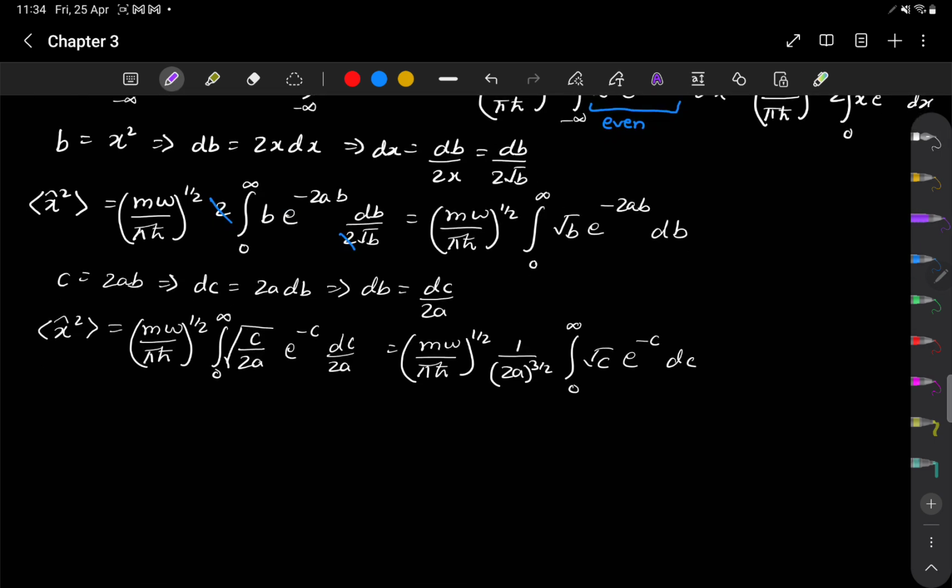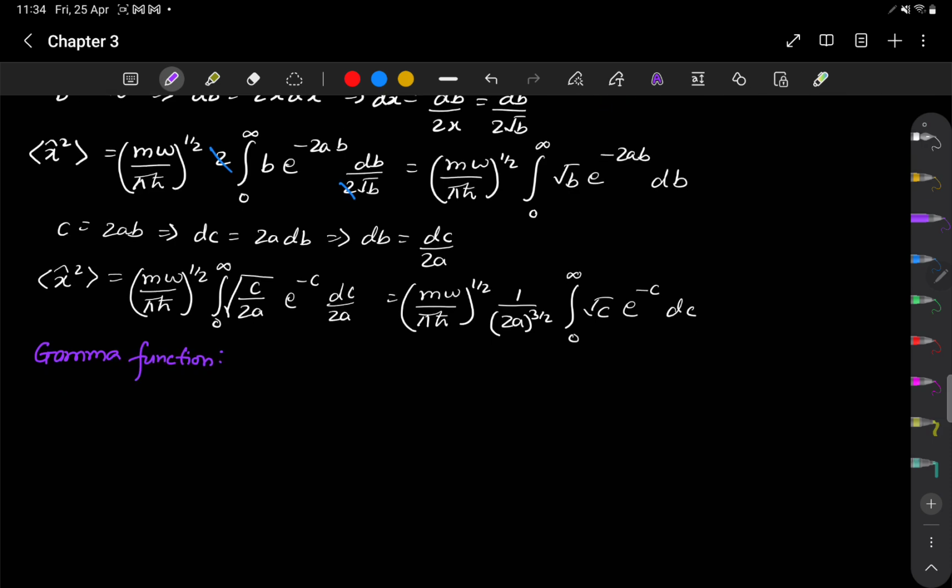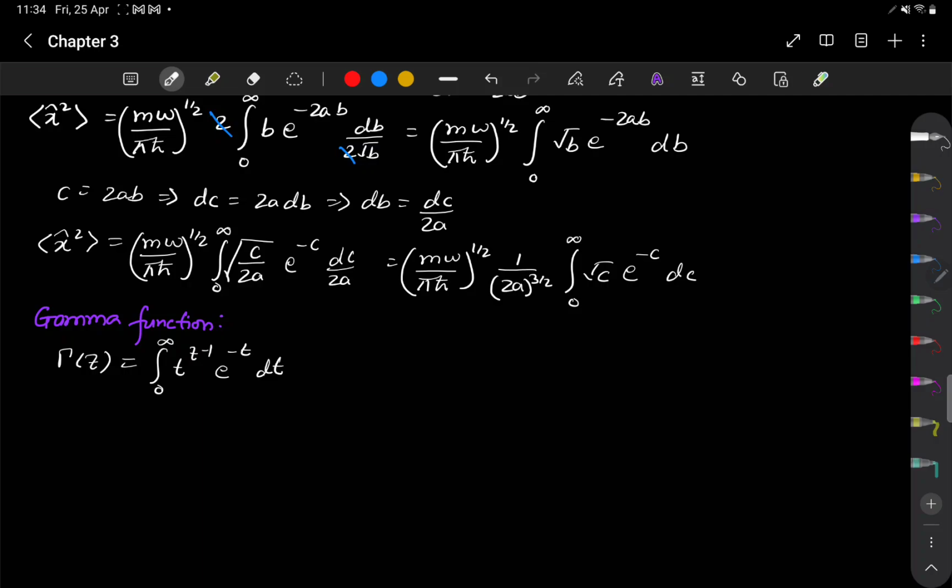Now let us make use of the gamma function. The gamma function is defined as follows: integral 0 to infinity t to the power z minus 1 e to the power minus t dt. This is the gamma function. In our case, this is nothing but the gamma function of 3/2.